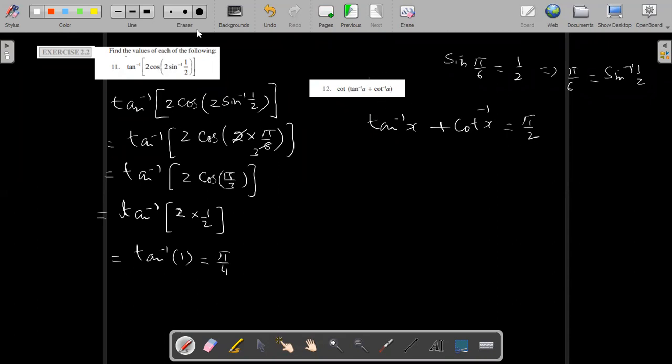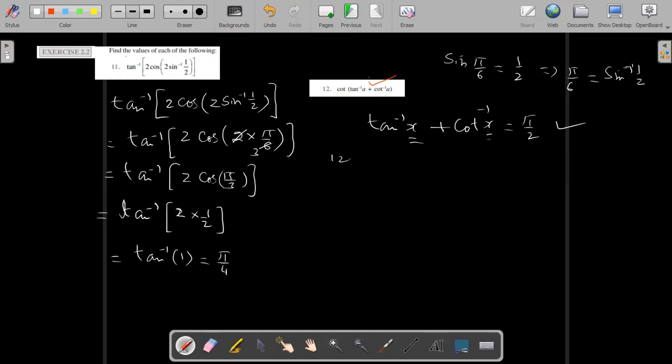So directly we can substitute in this formula. Directly we can put the value of tan inverse a plus cot inverse x. This x can be any number, but it should be the same. If it is written here x, it should be x. If it is different, we cannot apply this formula.